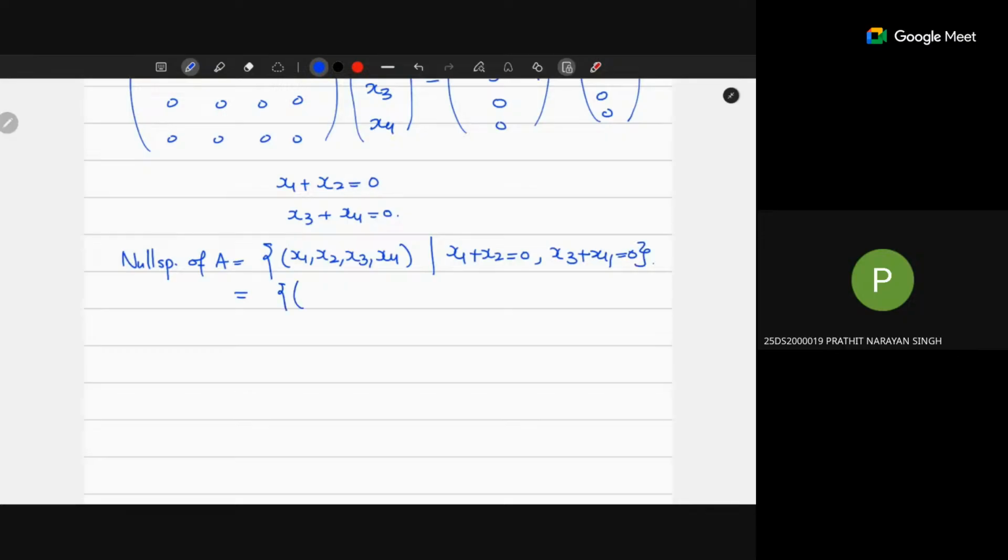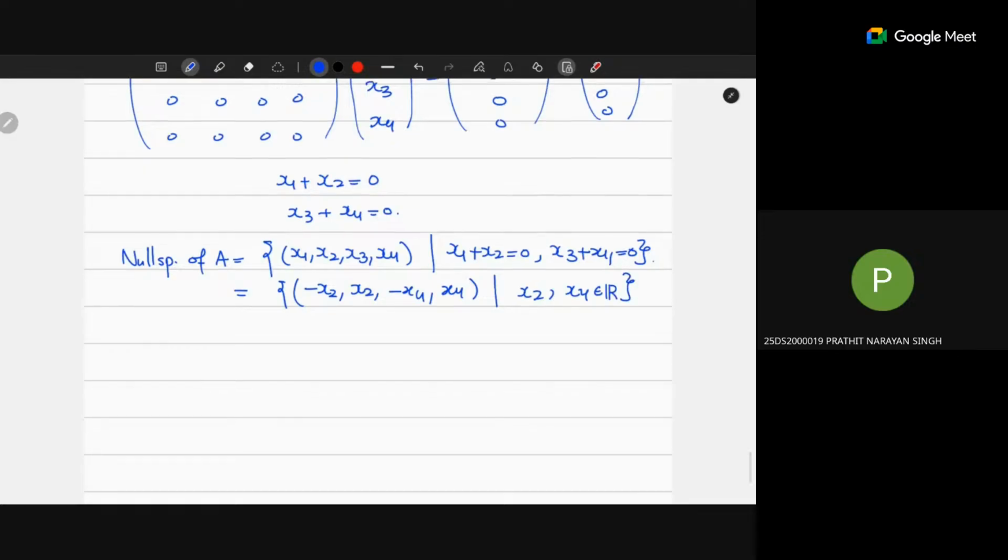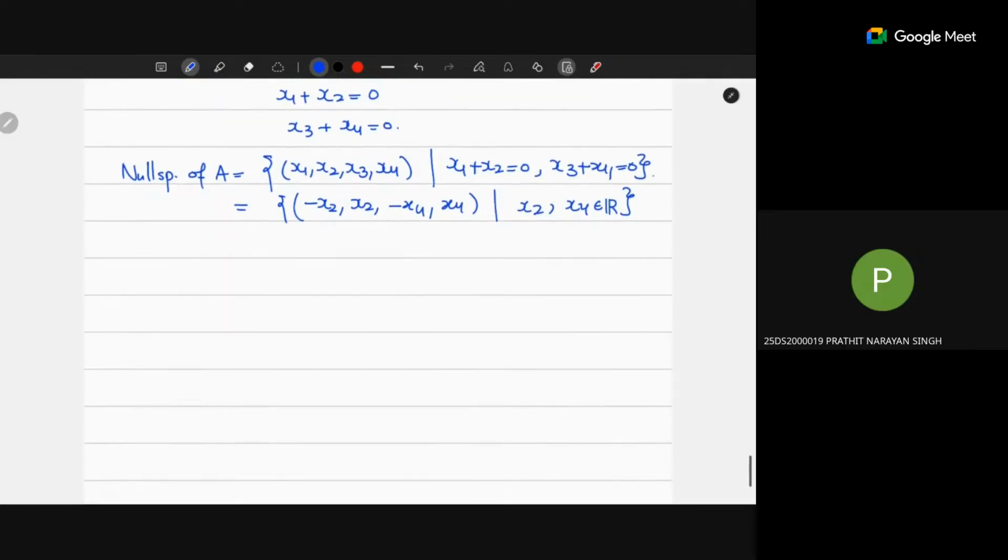In particular, we get the vector minus x2, x2, minus x4, x4, where x2 and x4 are in R. Since there are two independent variables, let x2 be t1 and x4 be t2.